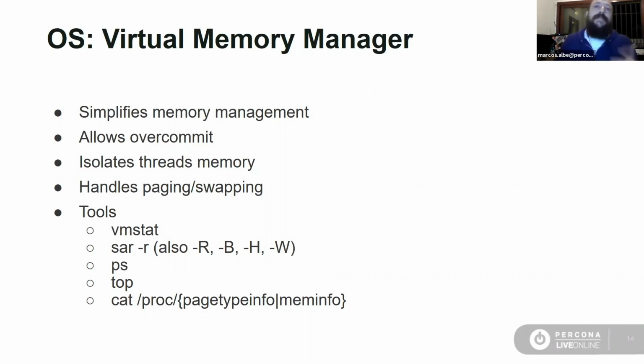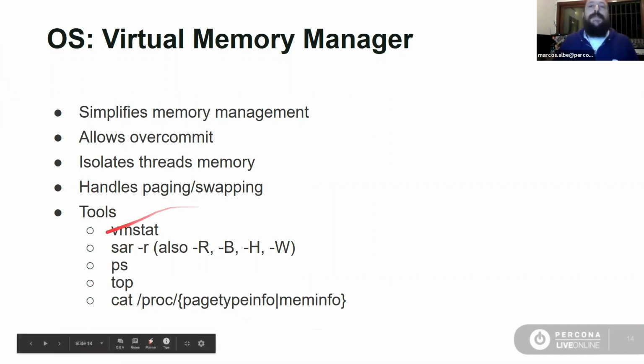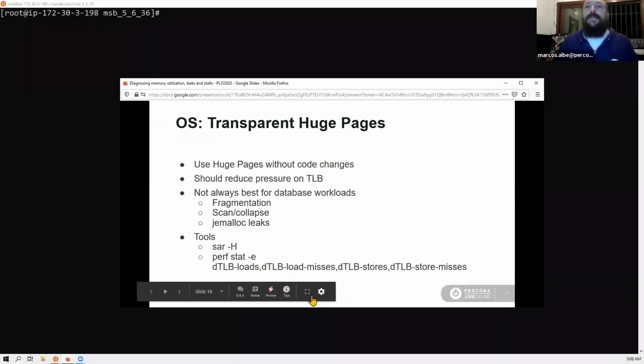It allows overcommit through swap. It isolates processes in memory so they are secure and cannot read each other's memory. It handles paging and swapping. And we have a multitude of tools that allow us to introspect it. Oops, sorry for that.